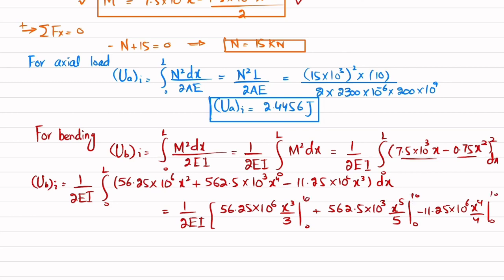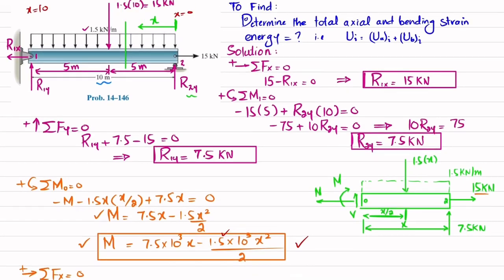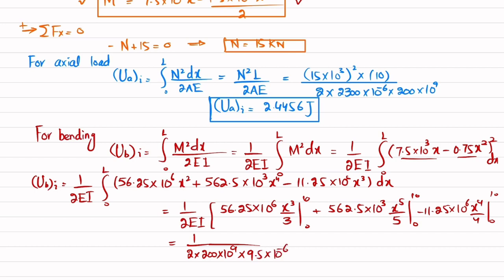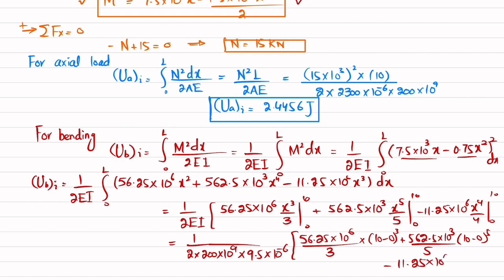Now when you put all the values, 1 over 2E, E is 200 gigapascal, so 200 into 10 to the power 9, and I is also available, which is 9.5 into 10 to the power minus 6, multiplied by 56.25 into 10 to the power 6 divided by 3 multiplied by 10 minus 0 whole cube, plus 562.5 into 10 to the power 3 divided by 5 into 10 minus 0 whole power 5, minus 11.25 into 10 to the power 6 over 4 into 10 minus 0 power 4.